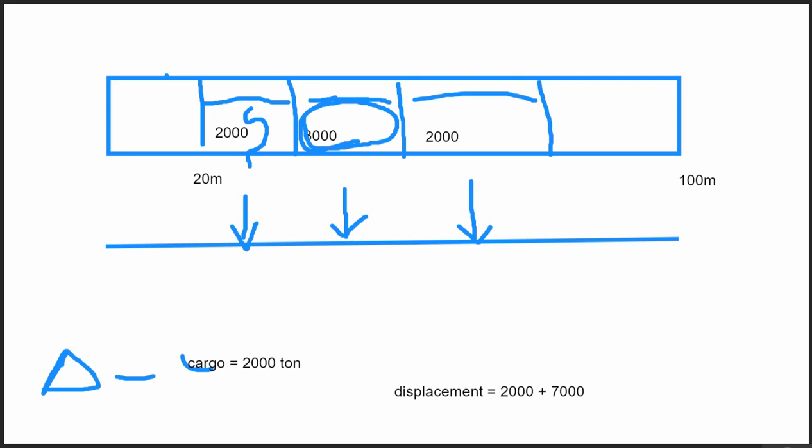Your light ship, which equals 2,000 ton, equals 20 ton per meter. 20 ton per meter multiplied by a length of 20 meter hold equals 400 ton per tank.